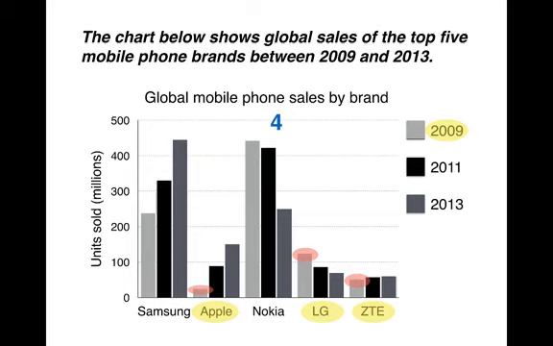And then we can move on to 2011, where we see that Apple has become higher than the other 2. And moving on to 2013, we've got a good increase there for Apple, but a decrease for LG, and not much change for ZTE. Those are the things that I'll describe in this paragraph.